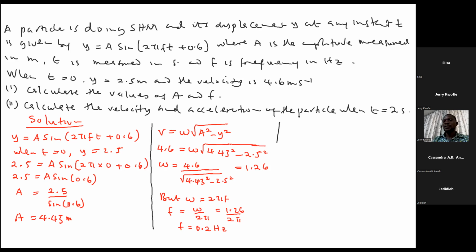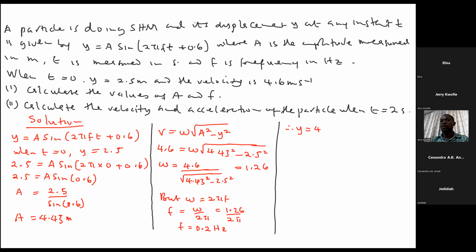Great. Let's try and finish it quickly and close. We want to calculate the velocity and acceleration when t is equal to 2 seconds. So now the equation becomes y is equal to a sine, we got 4.43.